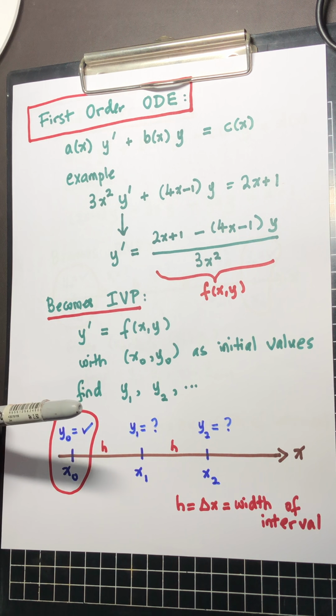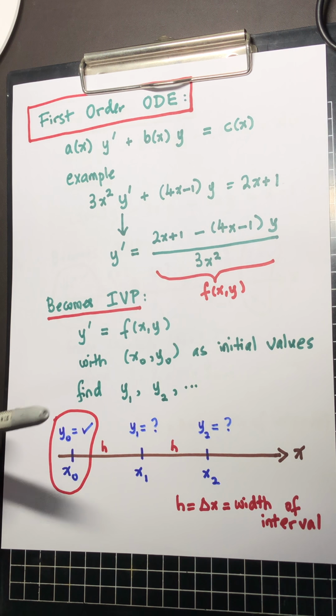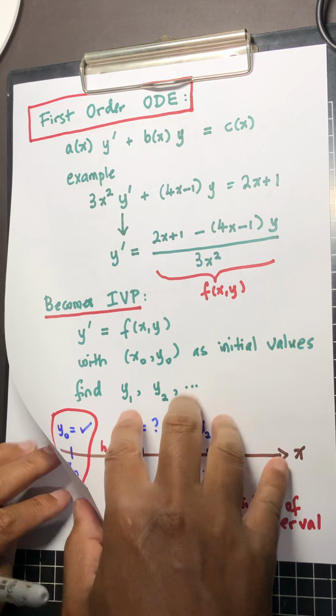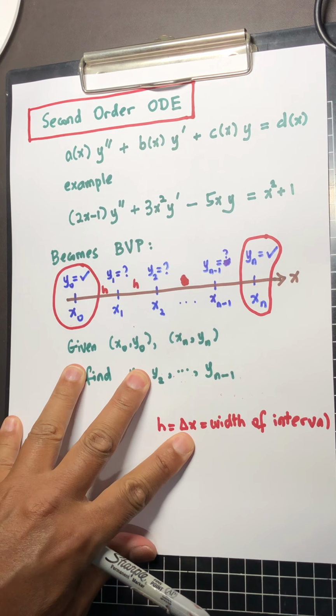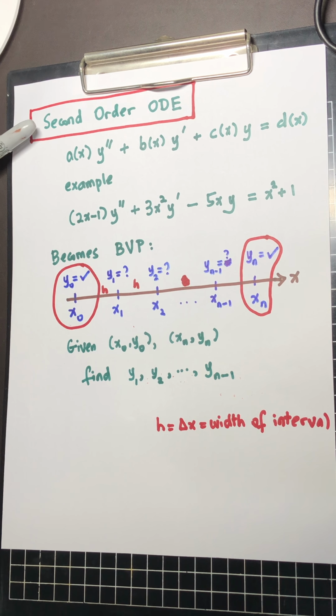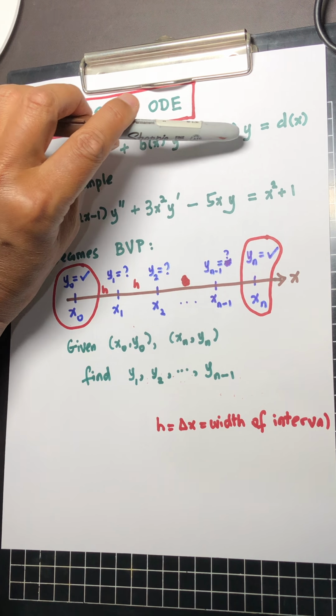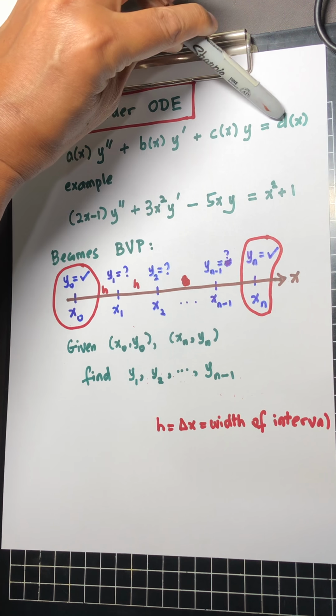So we are going to discuss 3 methods as mentioned earlier: Taylor series method, Runge-Kutta of order 2 method, and Runge-Kutta of order 4 method. So we will do that. The second part of the problem is on second order ODE. So second order ODE or second order ordinary differential equation can be written in general form like this: a(x) y double prime plus b(x) y prime plus c(x) y equal d(x).